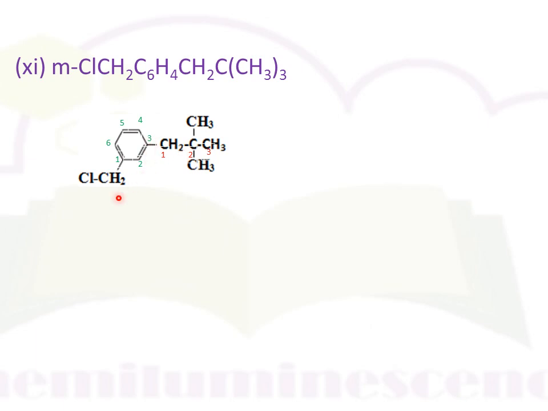Hence the name of this fragment is 3 in bracket 2,2-dimethyl propyl, and the parent compound is benzene. Hence this compound is named 1-chloromethyl 3-(2,2-dimethyl propyl) benzene. The 3 indicates the position of this group, and this group is 2,2-dimethyl propyl.